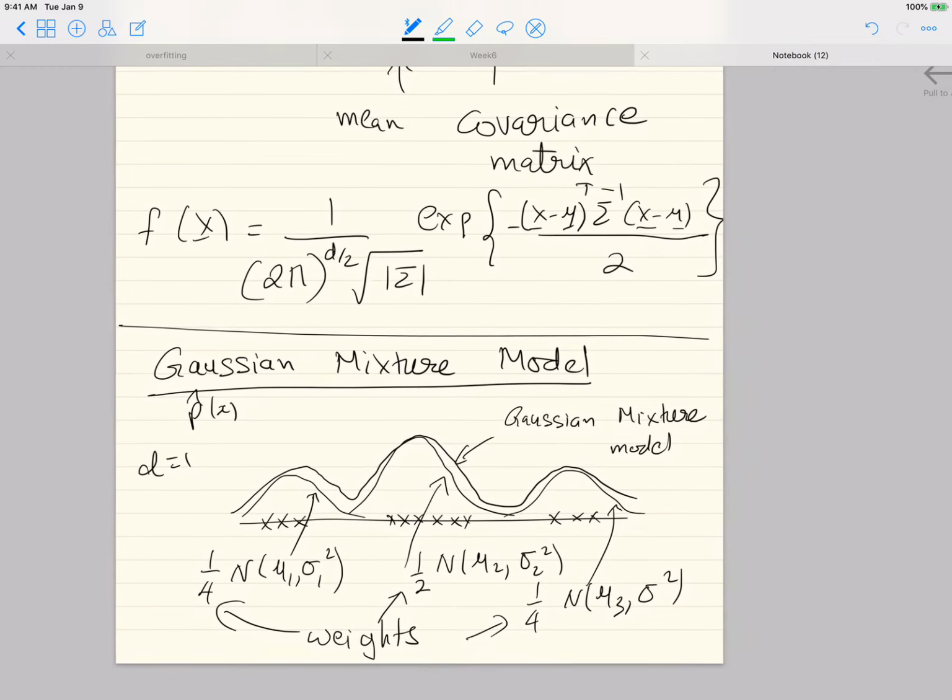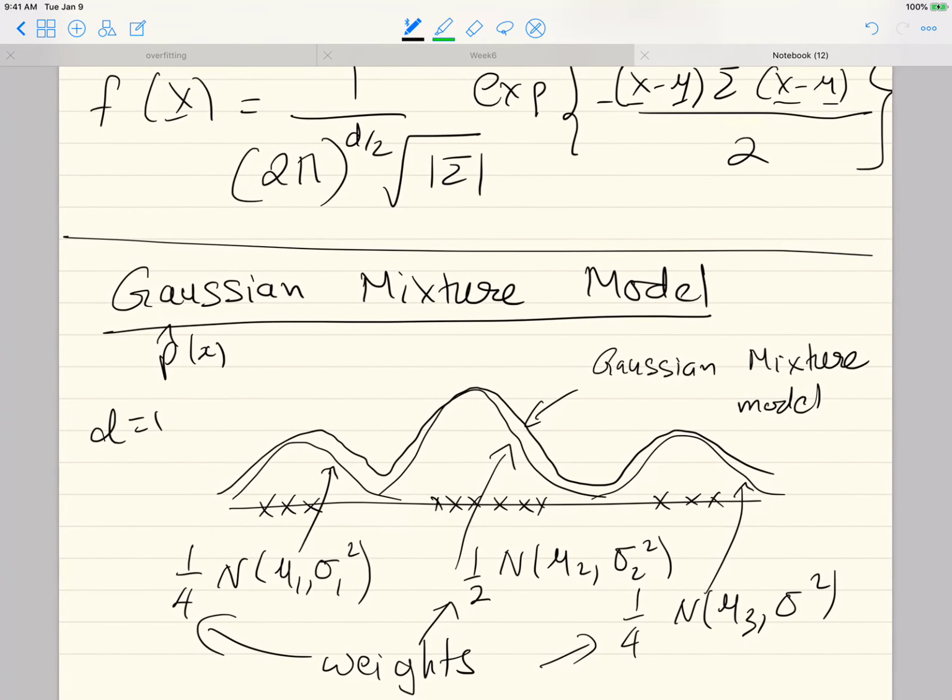In this example, any questions about this? The choice of picking three models is by us. It's just arbitrary, I'm giving you an example. Suppose I have a data set like this and I want to fit a Gaussian mixture model. Then I want to put one Gaussian here and figure out what the mean and variance is. That tells me how much spread this function has.